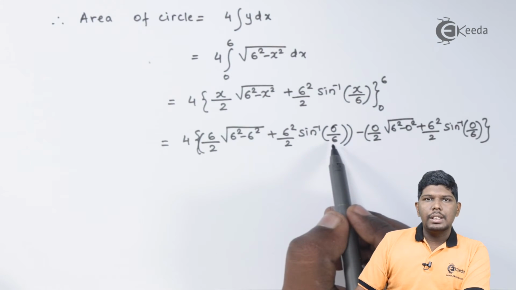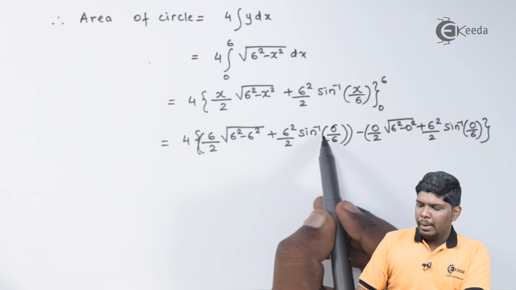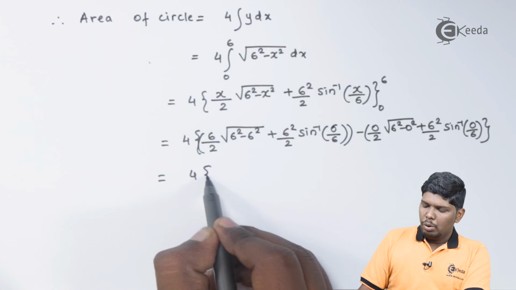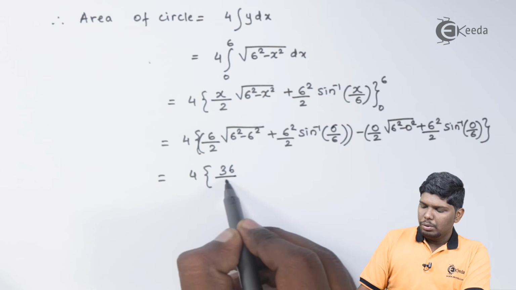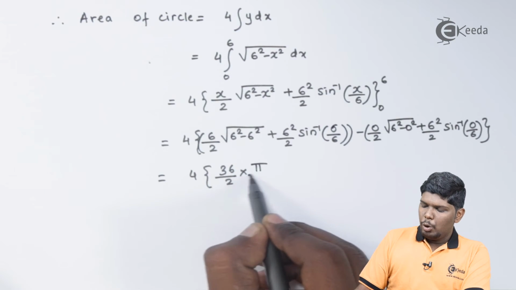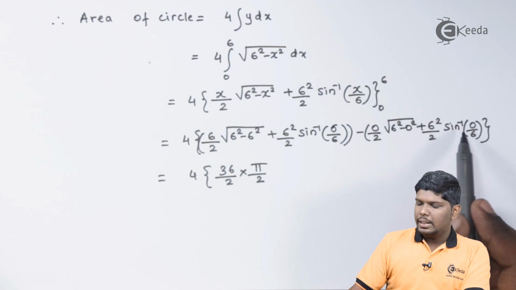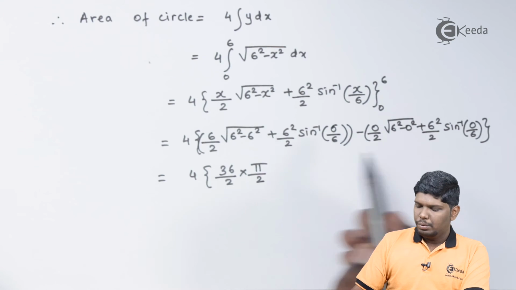We have sin inverse 6 upon 6, that is 1. Sin inverse of 1 is pi by 2, and pi by 2 into 6 square upon 2. We have 4 into 6 square upon 2, that is 36 upon 2 into pi by 2. In the second part, both will be 0, as sin inverse of 0 is 0, and here 0 upon 2 will give you 0.